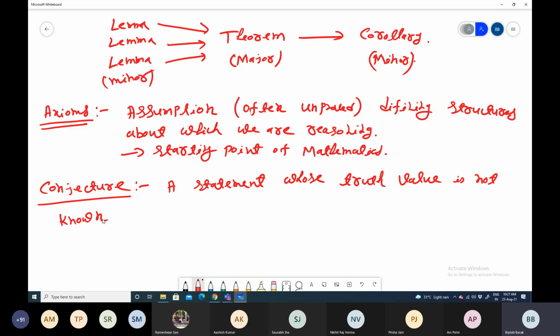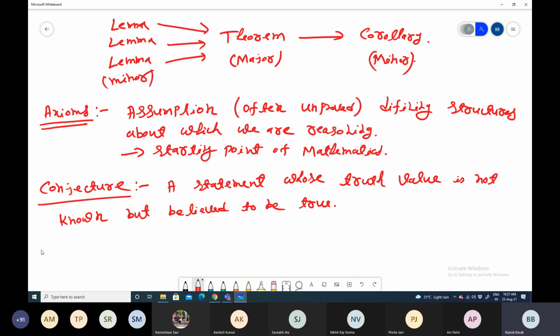Okay, so conjecture means a statement whose truth value is not known, but believed to be true. So this is called a conjecture.